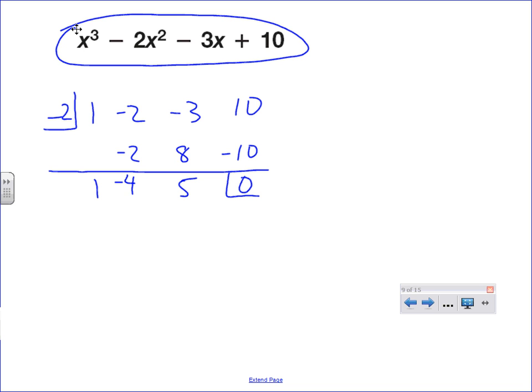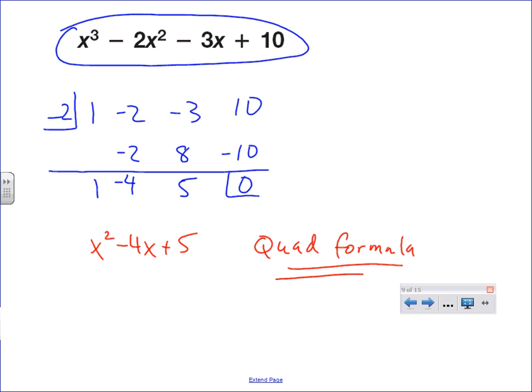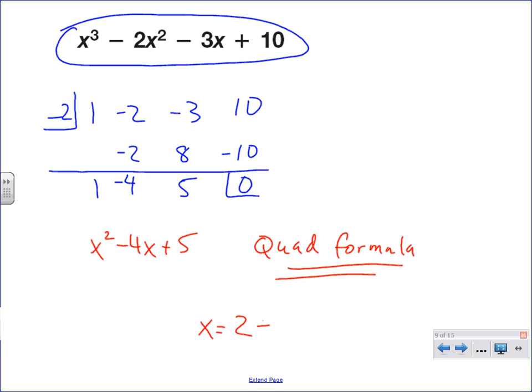Okay, and then I can go ahead and take x squared minus 4x plus 5 and go ahead and work the quadratic formula on that guy. And I should get, at the very end of that, what we just have already talked about. You get grand total of x equals 2 plus or minus i, which is 2 plus i and 2 minus i.